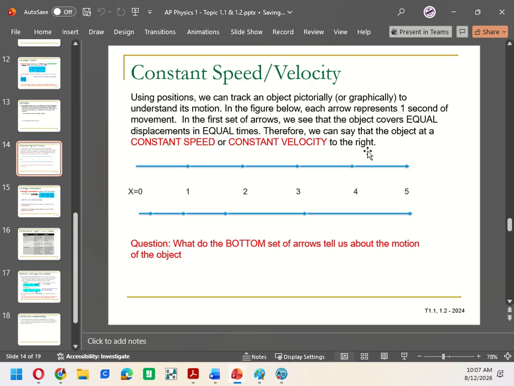It's going slow. So right here, it's going slow. What about over here? It's going faster, right? So what can we say about that? Its speed is increasing. Very good. Now, if the speed is increasing, what's the special word we have?